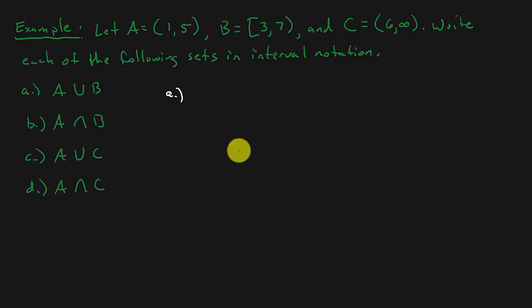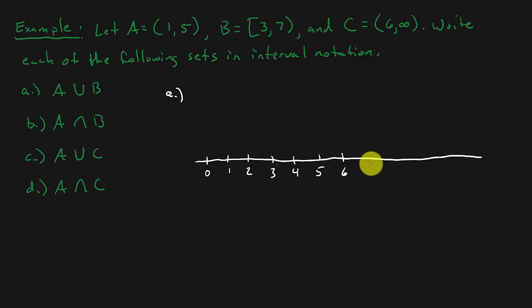All right, so to do this, the best thing to do is just graph the two sets. All right, so we're doing A and B, so we've got to be able to take in the number 1 and the number 7. So we've got 0, 1, 2, 3, 4, 5, 6, 7, and 8.